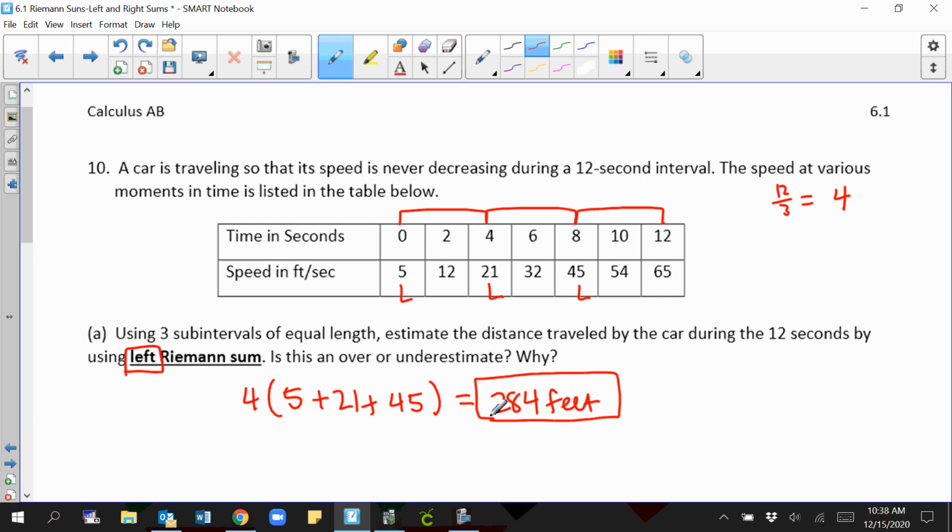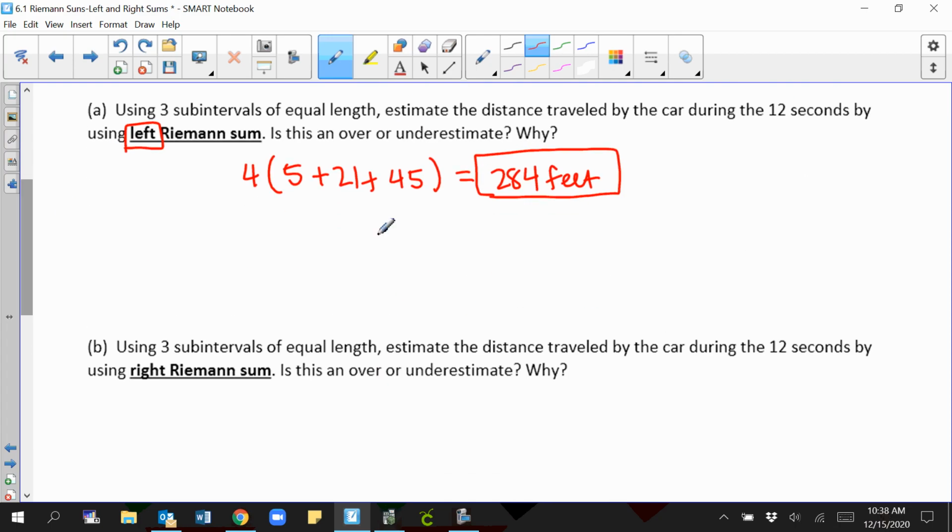And then it says, is this an overestimate or an underestimate? This one's a little bit harder to answer because we don't have a graph to look at. So let's actually look at part B, and then we'll come back and answer that question. Now we are doing the exact same thing with a right Riemann sum.